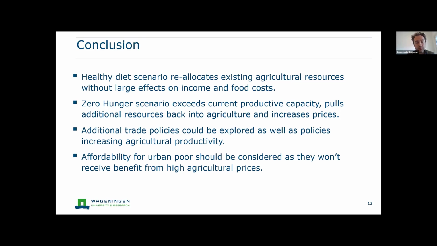But the urban poor would be left out of this, and would only see then the increase in food prices. Yes, that's the main thing.